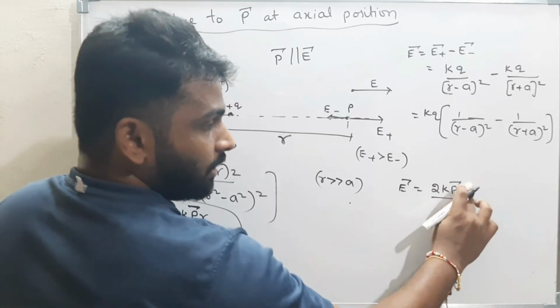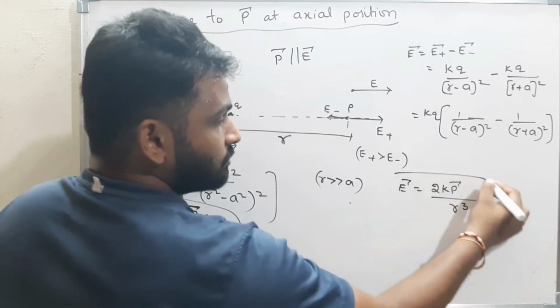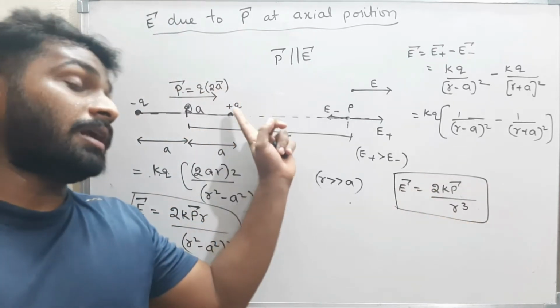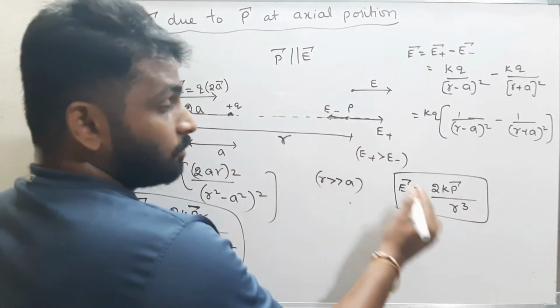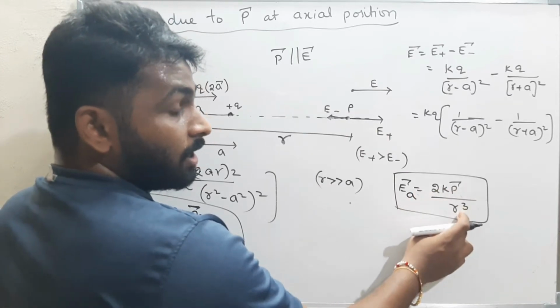I can remove the R and write R cube here. That's all, that is the answer. Therefore finally I got the electric field at the axial position. The electric field at an axial position, E A, is equal to 2k P bar by R cube.